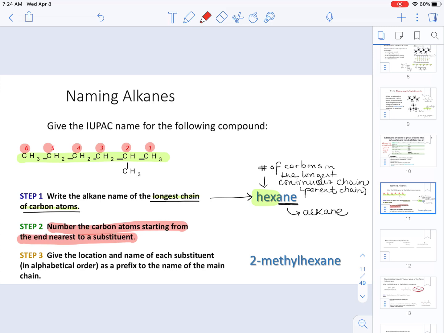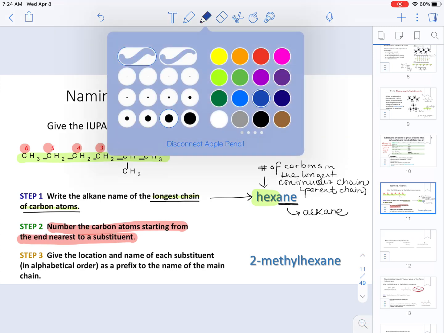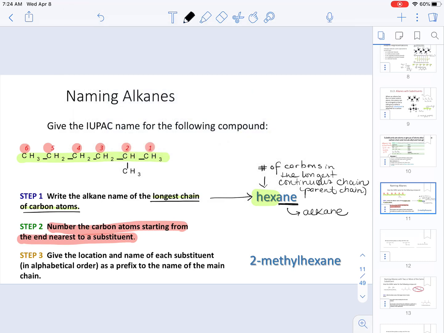As you can see, on carbon 2 we have a CH3. A CH3 is known as a methyl group. So the name is going to be 2-methylhexane.